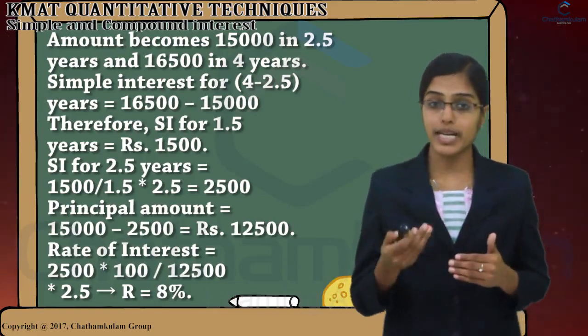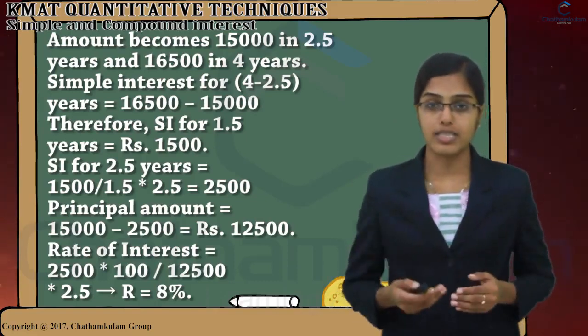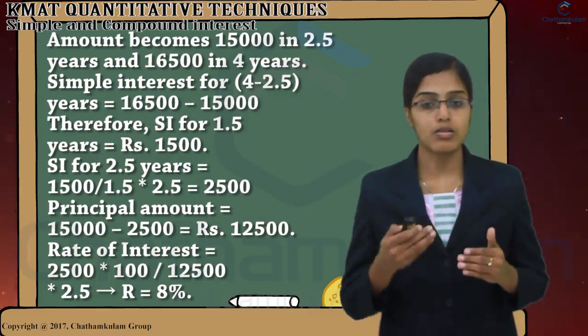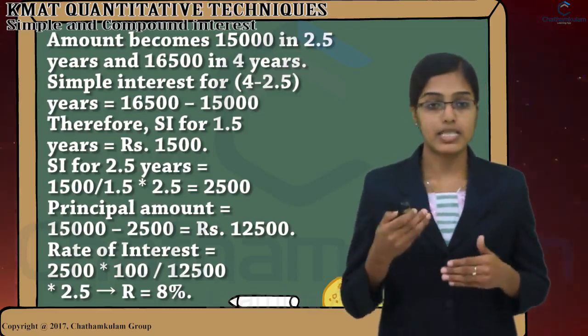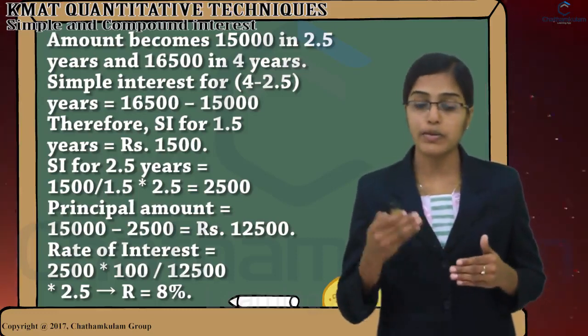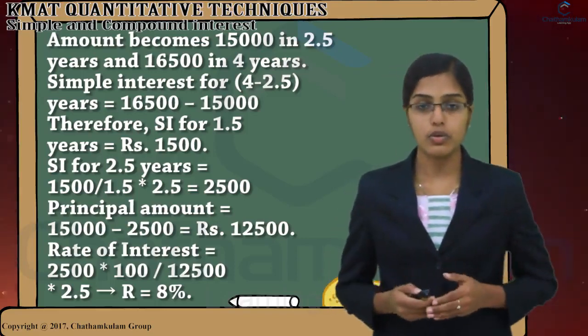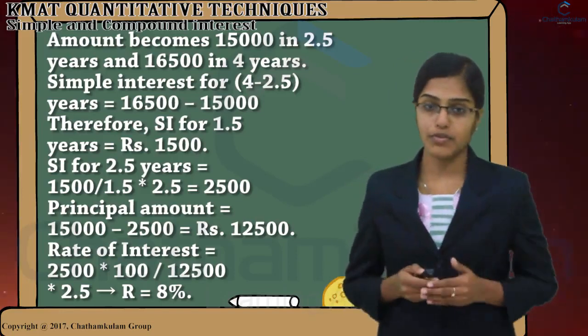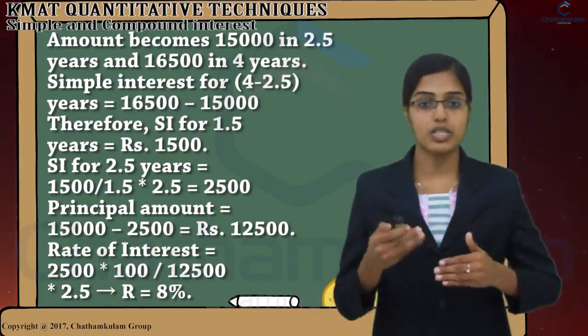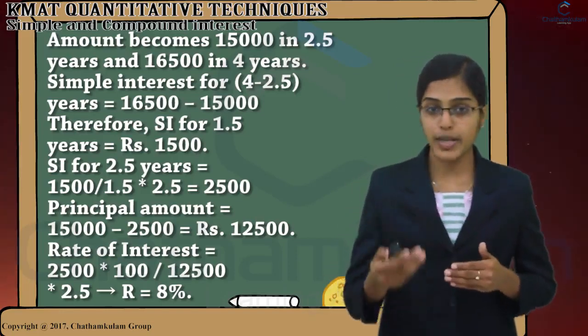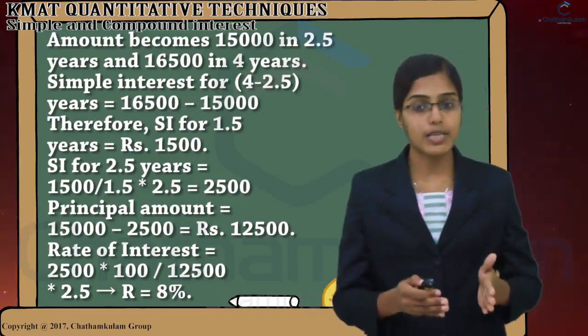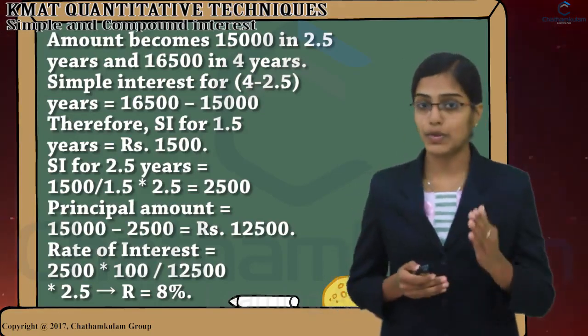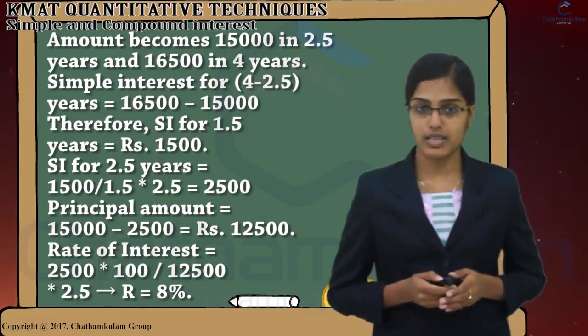Therefore, simple interest for 1.5 years, that is equal to rupees 1,500. So simple interest for 2.5 years, that is equal to 1,500 divided by 1.5 into 2.5, that is equal to 2,500. So principal amount that is equal to 50,000 minus 2,500, that is equal to rupees 12,500.